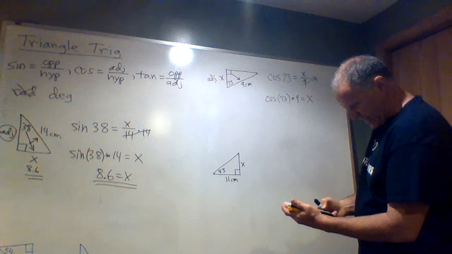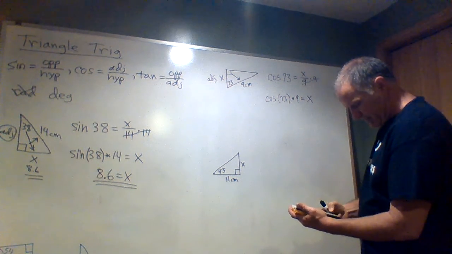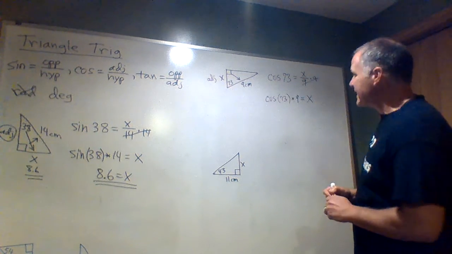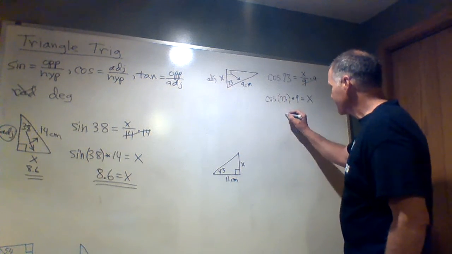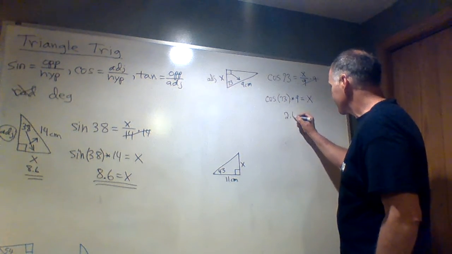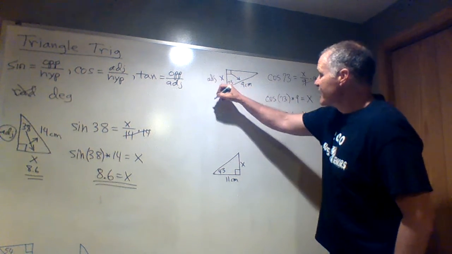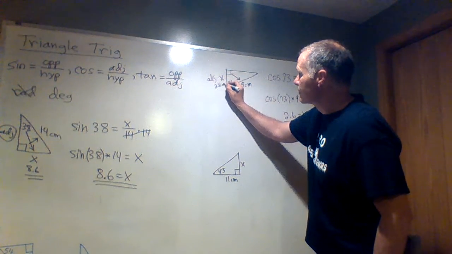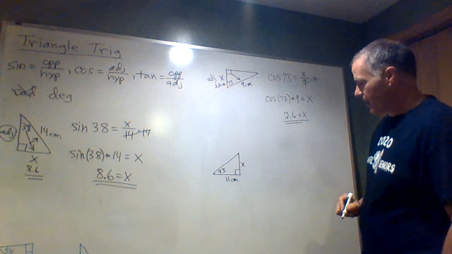Cosine 73 parenthesis times 9 gives 2.63, so I'm going to round to just 2.6 since there's a 3 after the 6. 2.6, boom. So this side right here would be 2.6 centimeters. That's what we just found, 2.6.